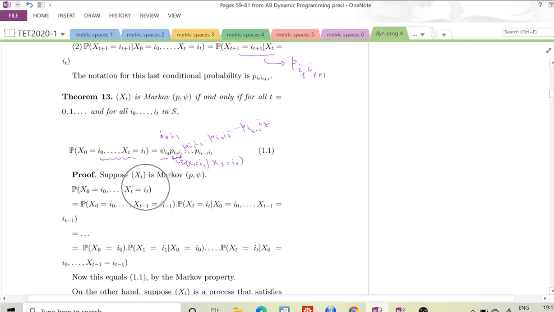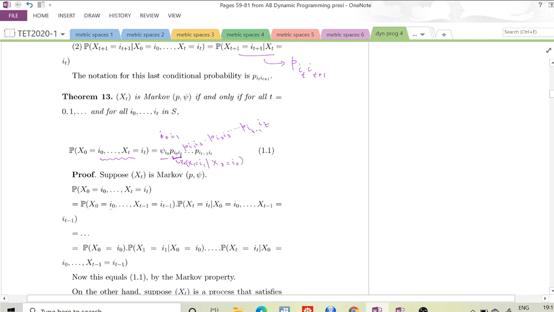So let's break up this joint density: the probability x_0 is equal to i_0 and x_1 is equal to i_1 all the way through and x_t is equal to i_t, is this marginal times this conditional.